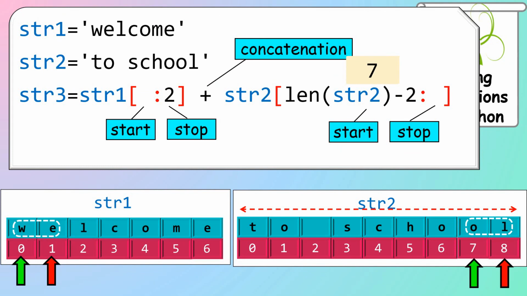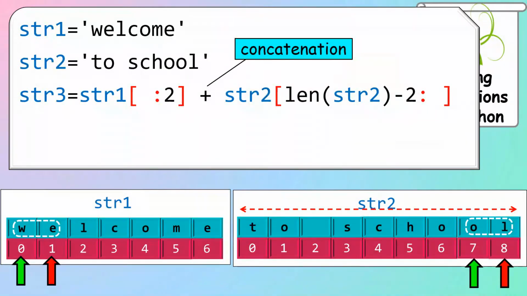So now we are ready to calculate the value of str3. str3 is equal to WE, because it is the result of the first operand, plus OL, which is the result of the second operand.